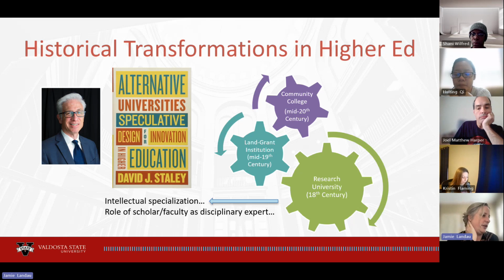What was the purpose of a university in an age when print reached a saturation point? He asks. As a result, Staley says universities turned into producing researchers, scholars or professors with intellectual specialization.